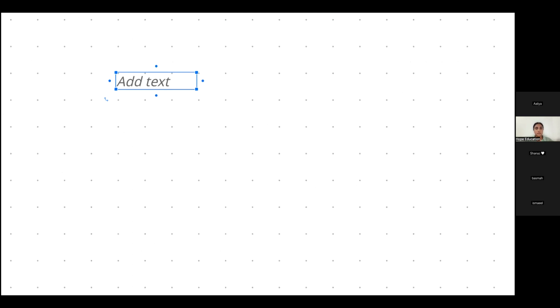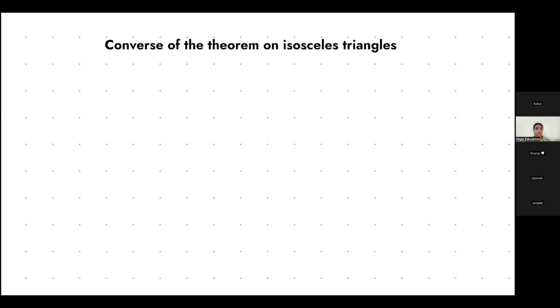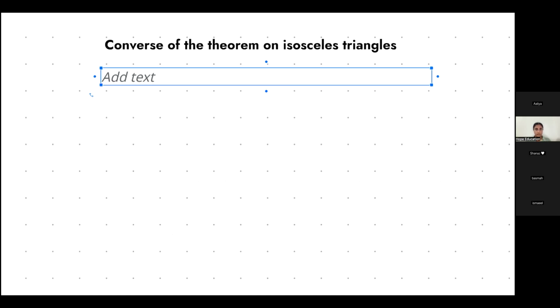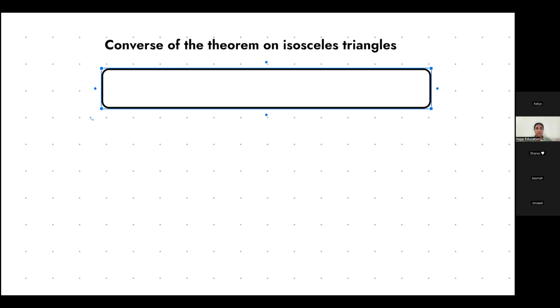The topic is the converse of the theorem on isosceles triangles.